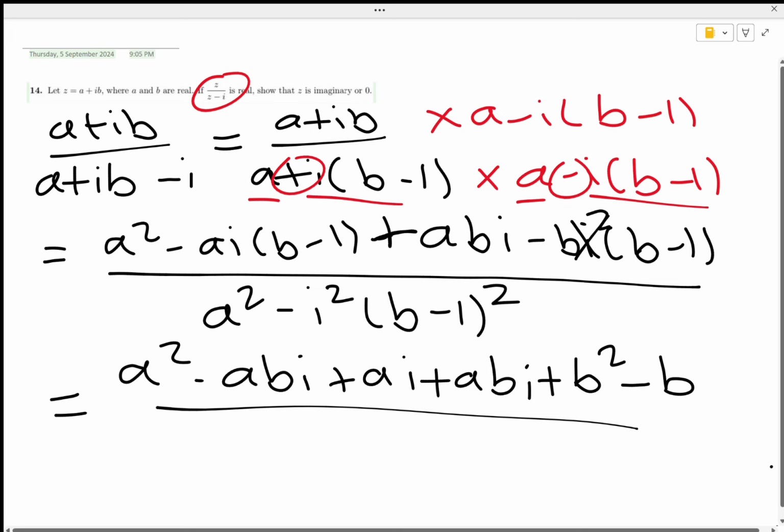Then a to the power of 2, and then i to the power of 2 gets out and becomes a plus, so plus b minus 1 to the power of 2. Alright, now let's just get rid of the top bit to make some space.